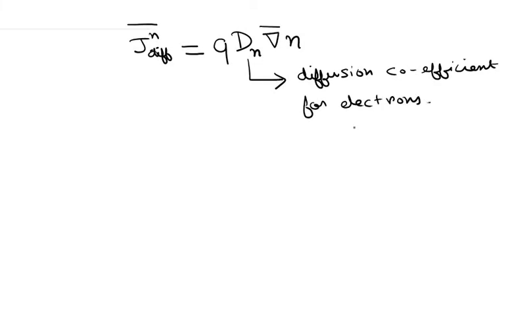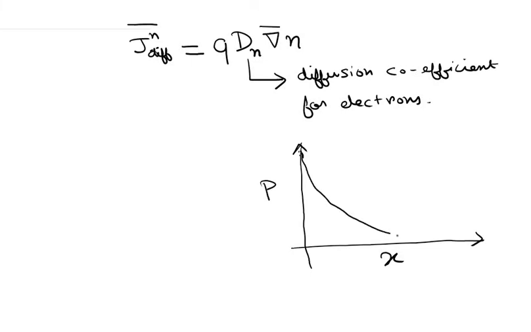Now similarly, let us consider the case of holes, in which direction the holes would flow. Let us again consider that this is the x direction, and this is the concentration of holes. Again at x equal to 0 the concentration of holes is really high, and it decays as we move more and more towards the positive x direction.